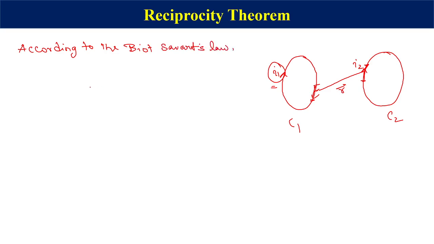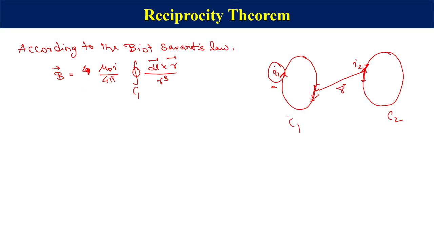the magnetic field at any point R is given by B equals mu naught I by 4 pi times the closed integral, because this circuit is closed, of dl cross R divided by R cubed.